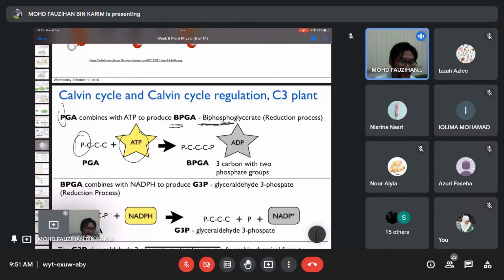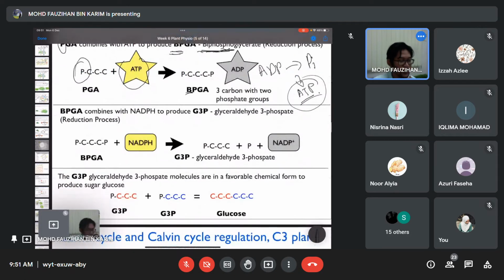So bila ada ATP, the addition of another phosphate becomes biphosphoglycerate. And then the byproduct is ADP. ADP will go and find another phosphate inorganic to form ATP, right? Alright.